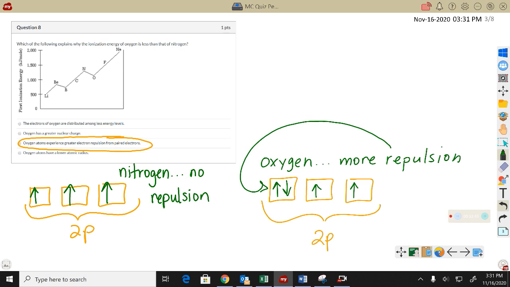And so when we think about the way the electrons are distributed amongst the orbitals, oxygen's got 2 electrons paired and 2 single. Well, if I'm going to remove an electron, I'm going to probably remove one of the paired electrons. And because they are paired, there's already going to be a little bit of electron repulsion. And so it makes it a little easier to remove one of these electrons from that paired orbital.